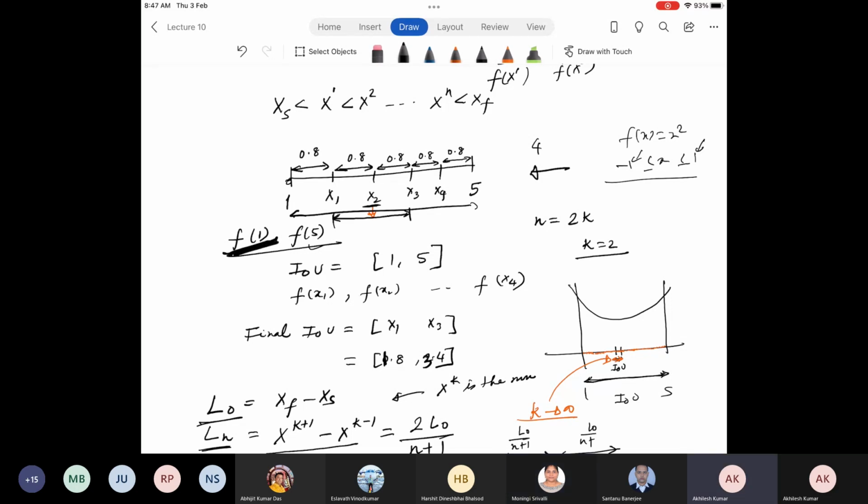We have evaluated, we started with F1, no? Yes, sir. So I know where F1 is. See, that's what I'm trying to say. You have to increase the number of points if you want to get a finer solution.